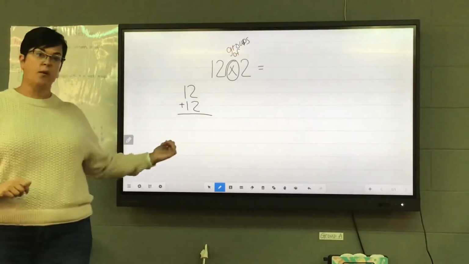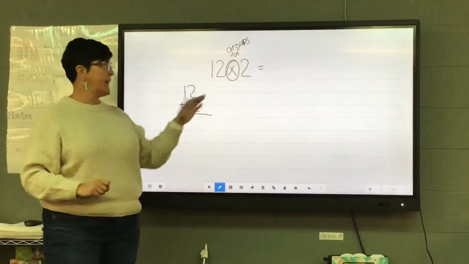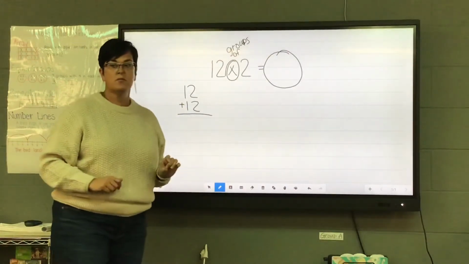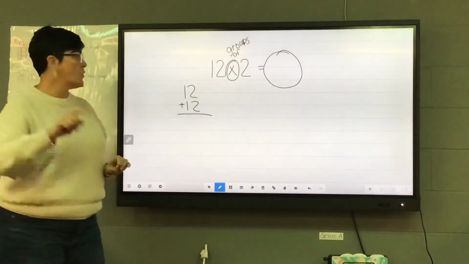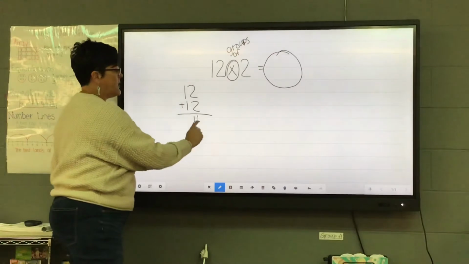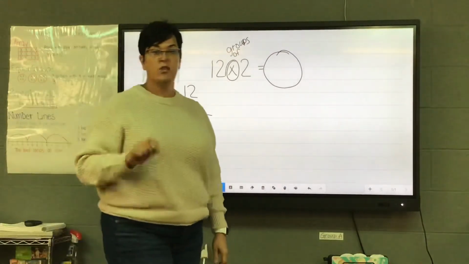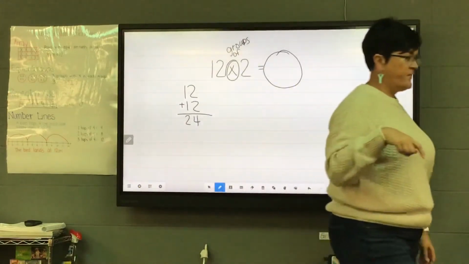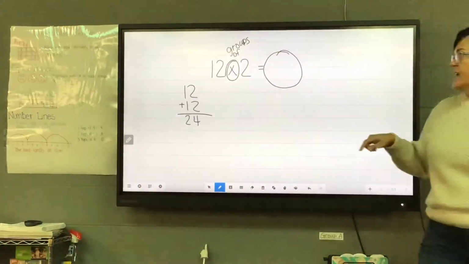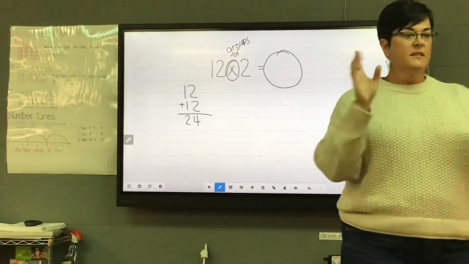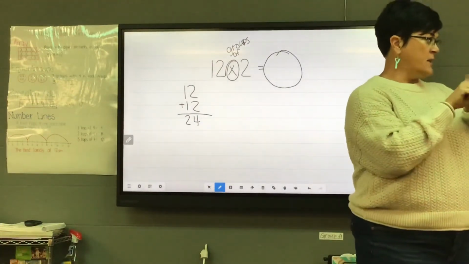Is this another way that I could find my product of 12 times 2? Is it going to be the same product that you found using your strategy? Yes, it is. Let's practice doubling that number to add it.